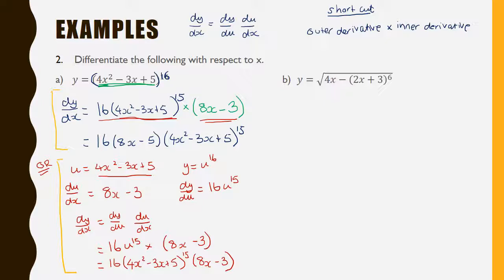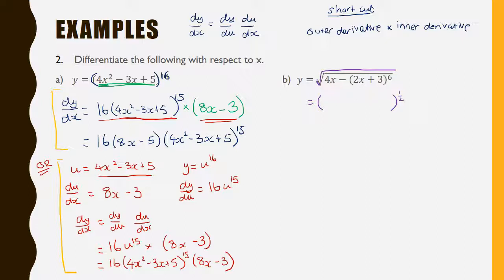Now this second one is actually tricky because we have a whole lot of functions within functions. We have our largest outside function, which is the square root, and we might actually write that to the power of a half.